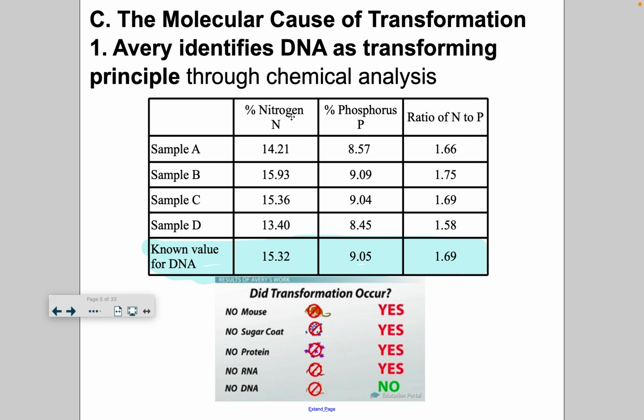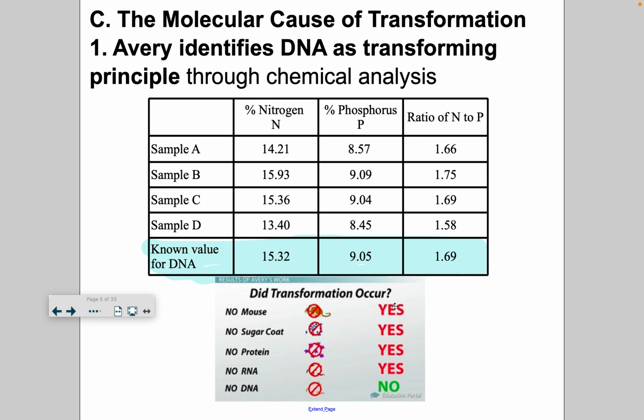And so the ratio of nitrogen to phosphorus is around 1.69. So when he analyzed different samples of the mice that underwent transformation, he got these values, and you can see that all of these values are really close to the known value of DNA, but it still wasn't accepted by the scientific community. So he did some more experiments.